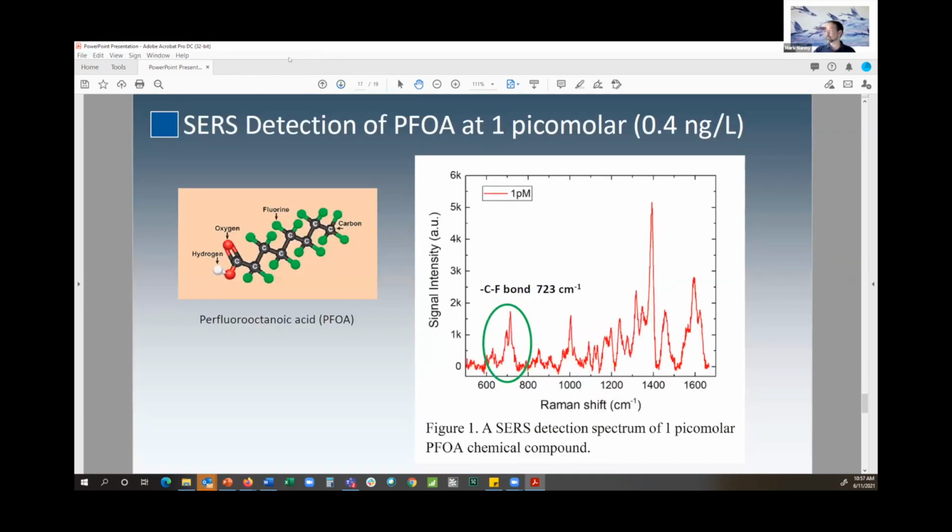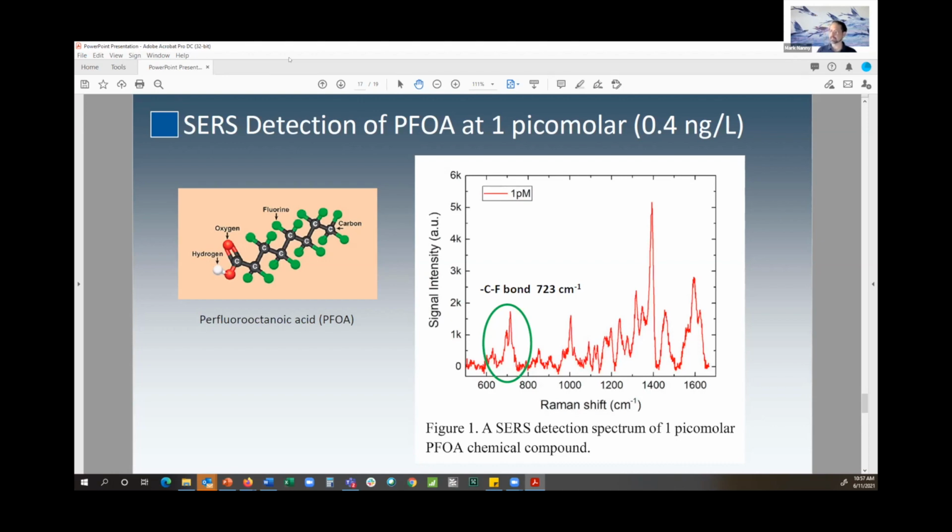Anyway, we're working with this, and we're focusing in on the carbon-fluorine bond. Carbon halogen bonds appear between 600 to 800. Because they are unique in the environment, we can target that region specifically. And here we've been able to actually detect PFOA at 0.4 nanograms per liter.